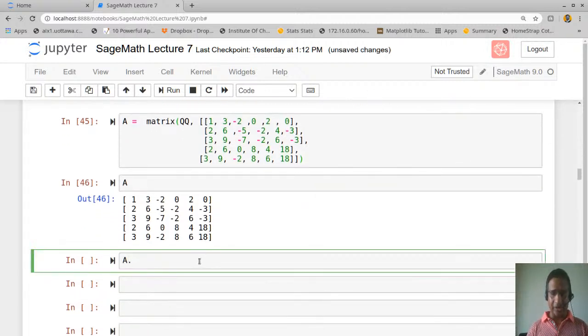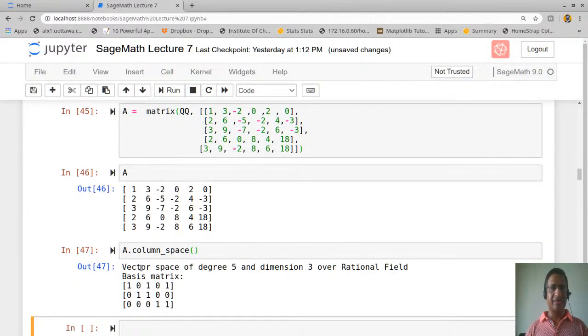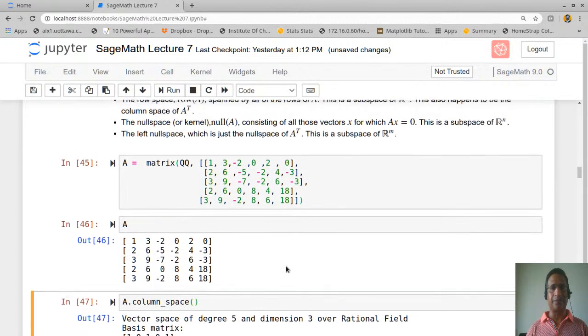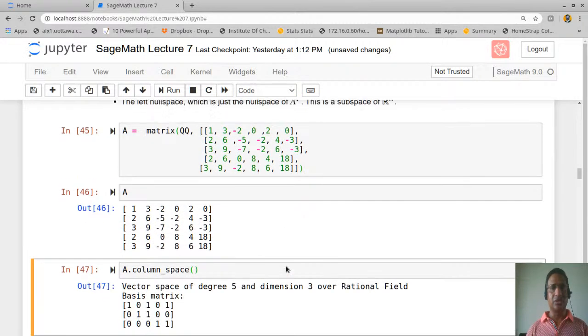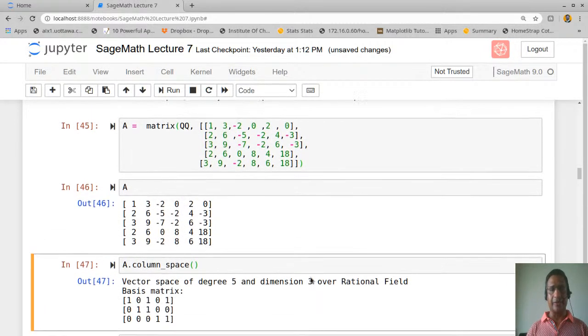So A dot column space will give you the column space. In this case it is a vector space of degree 5, that is the number of components, because A is a 5 cross 6 matrix. It can be thought of as a linear transformation from R6 to R5.